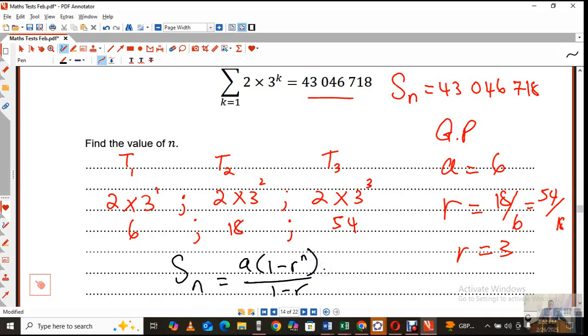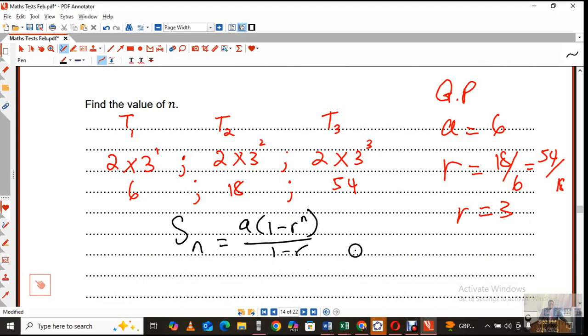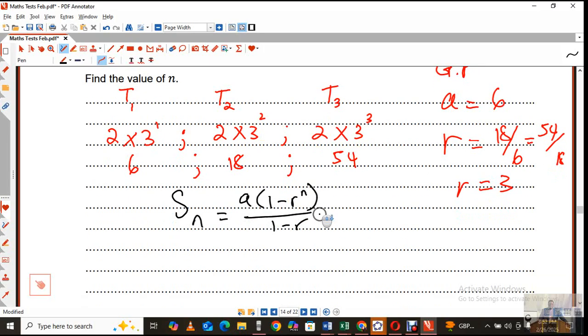I suggest you just stick with this one. I keep on telling my students that I know some people say if r is less than whatever, use the other one. But I hope you can see the closeness this particular formula has with the sum to infinity formula. So I'd rather say stick with one thing so that you don't make a mistake. Eventually you get the same answer.